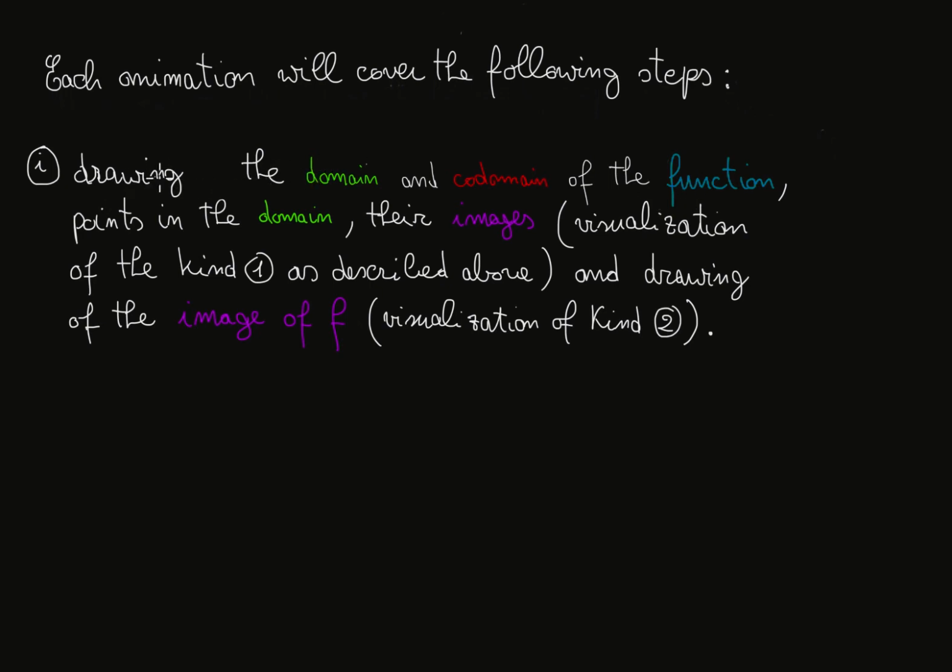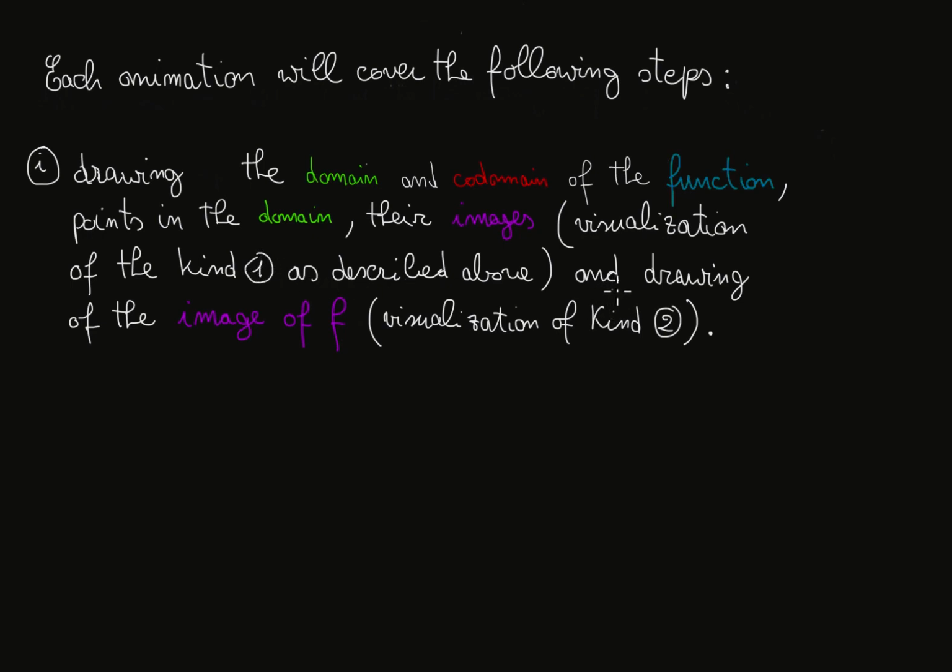So after drawing the domain and the codomain as sets, we will exhibit a few points in the domain and their images in the codomain. Notice the images will be purple because they are different from the codomain. Now this corresponds to the visualization technique that we described before, and we numbered with 1.